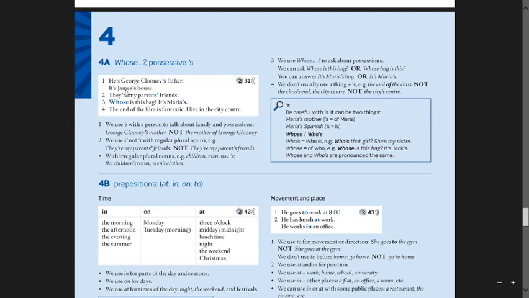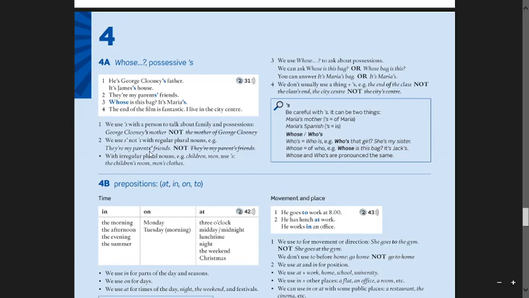So the example I told you, the mother of George Clooney, we do not say the mother of George Clooney, we say George Clooney's mother. George Clooney's father. It is not right to say the father of George Clooney. That is wrong. When we have a regular plural noun, for example parents, we use the apostrophe after the s.